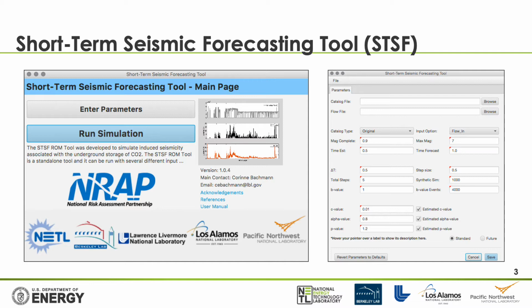If you're not familiar, the short-term seismic forecasting tool was developed with the idea of improving current stoplight management techniques. At many carbon storage sites, they will often implement what's called a stoplight, with the idea that if observed seismicity is below a certain threshold, you're in a green light scenario and you can continue to operate as expected.